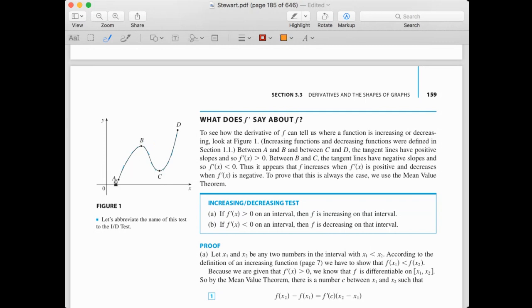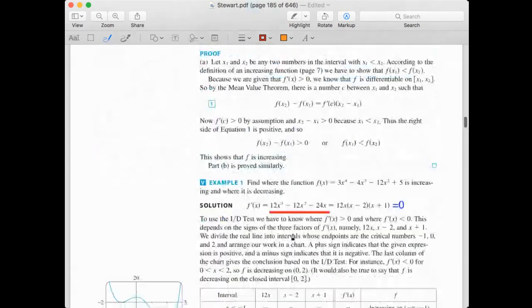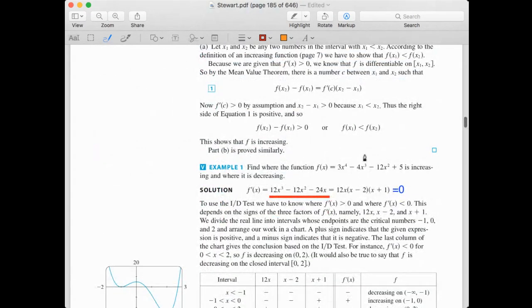First we want to find those critical numbers. So we take the derivative of the function, set it to 0, and find the critical numbers. Then we solve in factored form using the zero product property, where x equals 0, x equals 2, x equals negative 1. So we have 3 critical numbers.